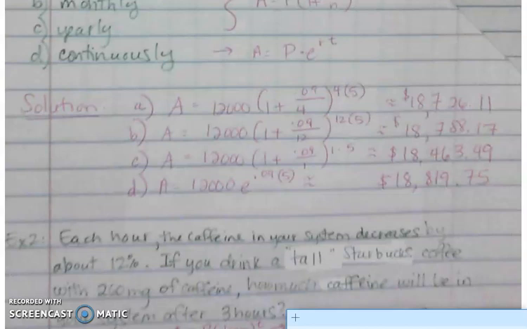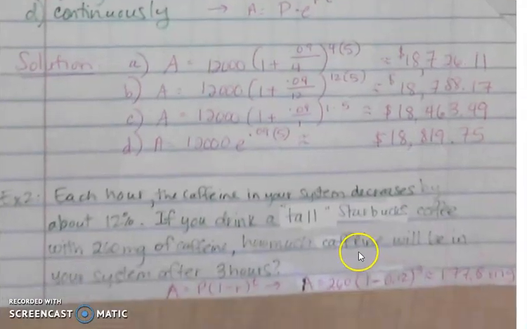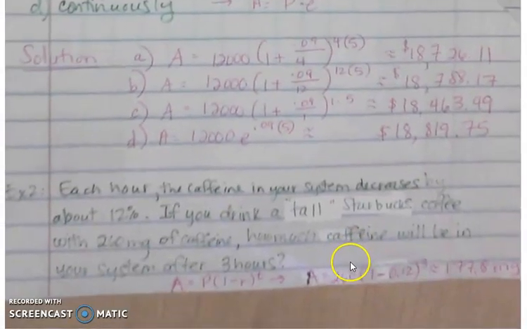So, for this one, the last two formulas that I gave you on page 83 were P times 1 plus R to the T, and 1 minus R to the T. So in this case, because it is decreasing each hour, I'm going to end up using 1 minus R raised to the T power for my formula.